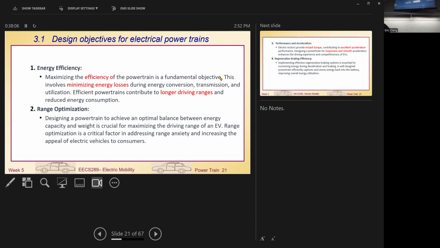That means when you put more battery, there is additional cost, additional weight. So that's a pros and cons. You increase the performance by putting more battery, but you also increase the overall weight, overall design, and also change the inertia. So that is the kind of comparison you need to make when you do your range optimization.